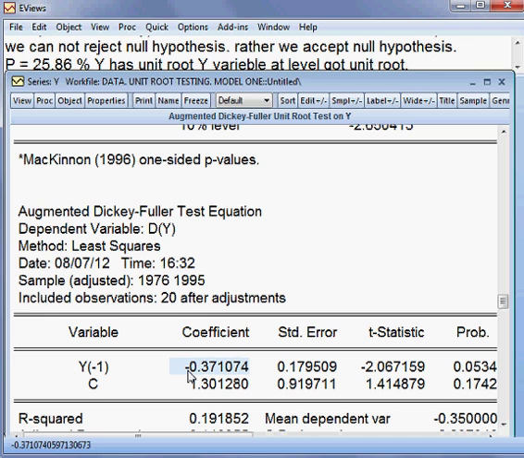It must be negative, and it is already negative. So meaning that this model is viable. The augmented Dickey-Fuller model is viable because the coefficient of y lag 1 is negative. Okay.